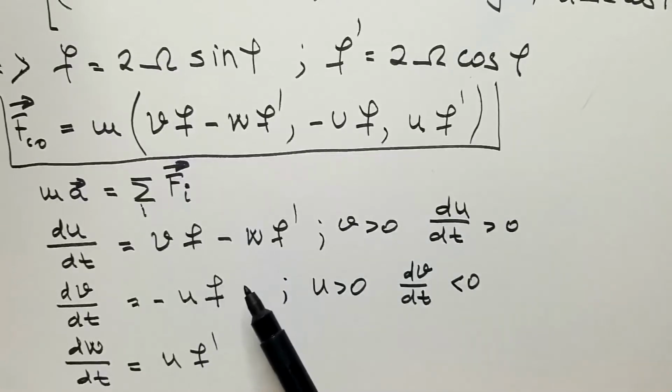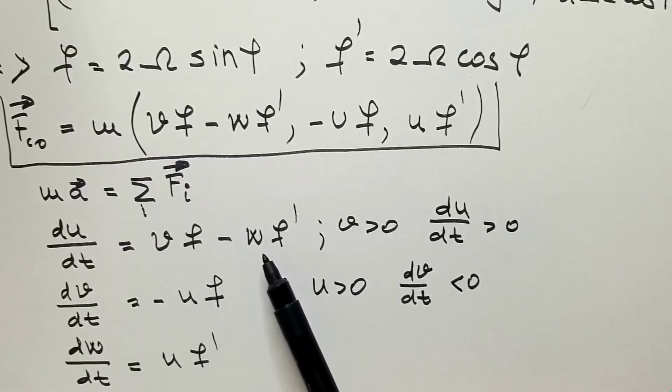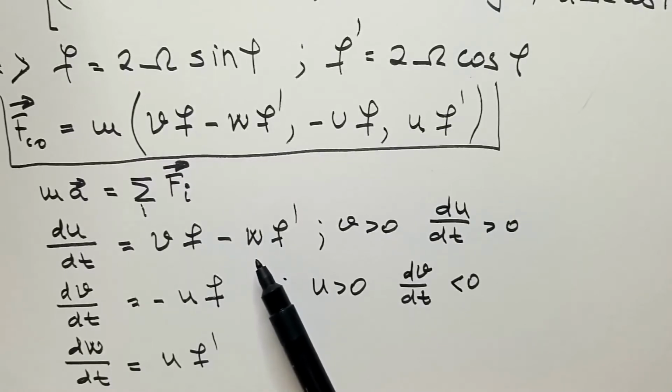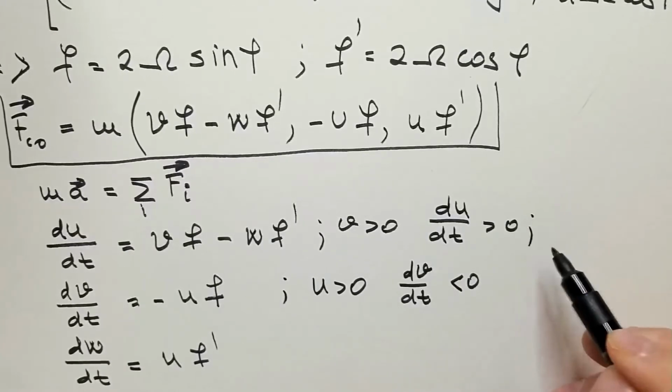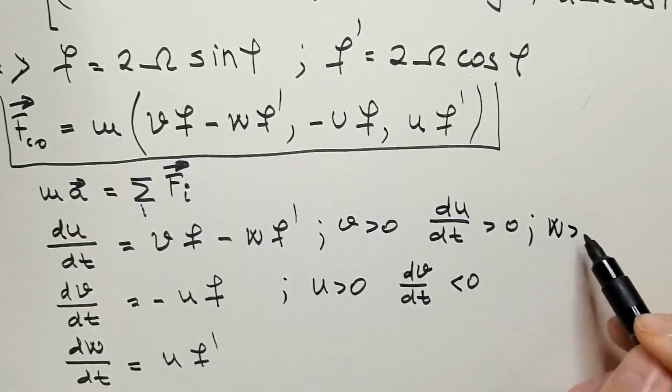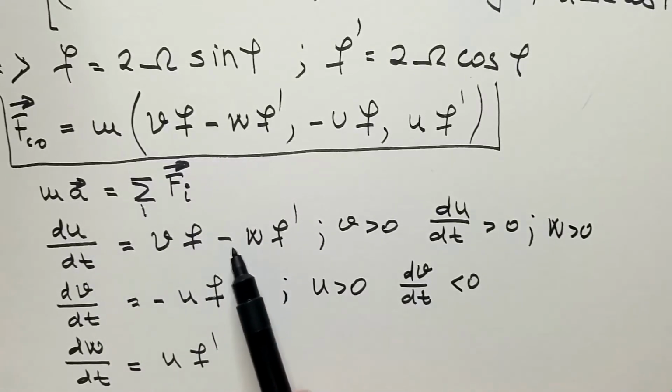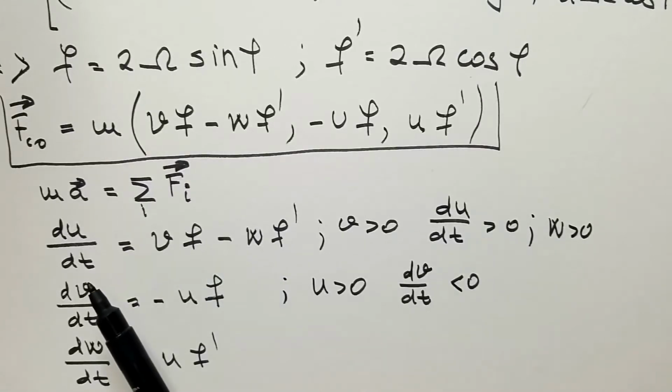I hope you can also see from the first equation, for example, that if the motion is upward, which means W is positive, let's put it here also, W is positive, then du dt will be negative because of this minus, which results in westward acceleration.